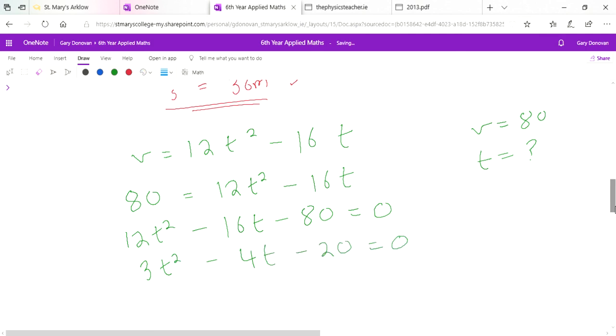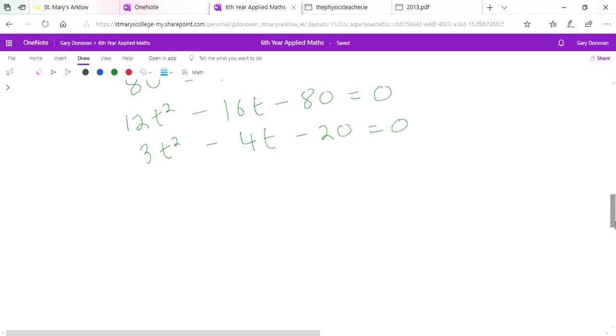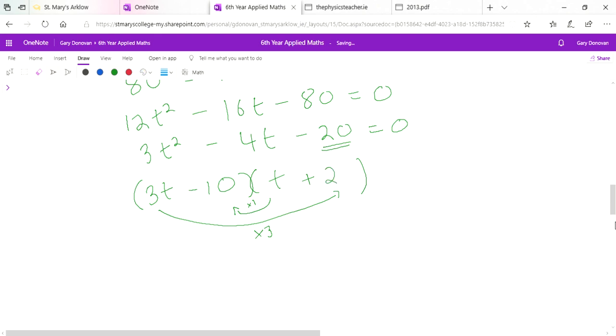You can solve that using the minus b formula, or whatever way you've learned in maths. I use this method, 3t and t, and then the factors of 20, where whatever number goes in one place gets multiplied by 3, or in the other gets multiplied by 1, but you do the guide number method or whatever you're used to. You should end up with minus 10 and plus 2, equals 0.